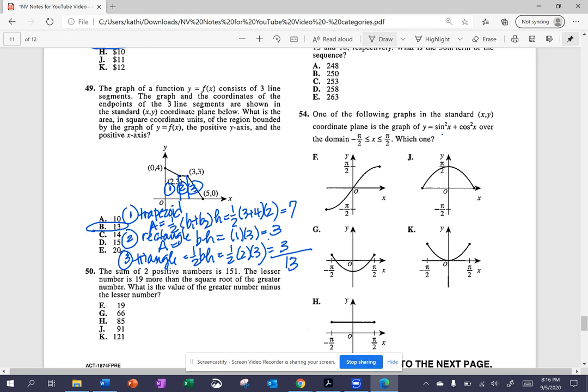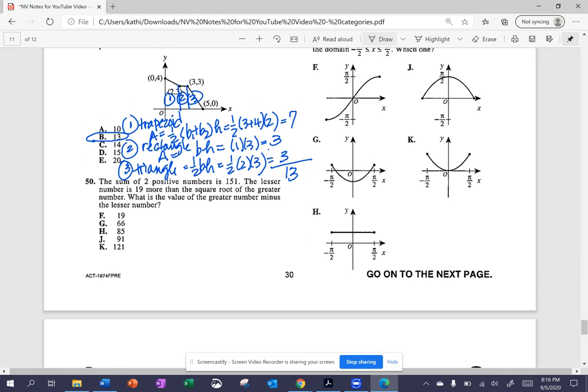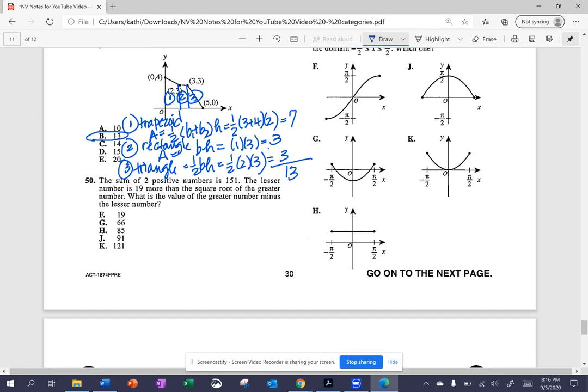Okay, let's do 50. The sum of two positive numbers is 151. The lesser number is 19 more than the square root of the greatest number. What is the value of the greater number minus the lesser number?